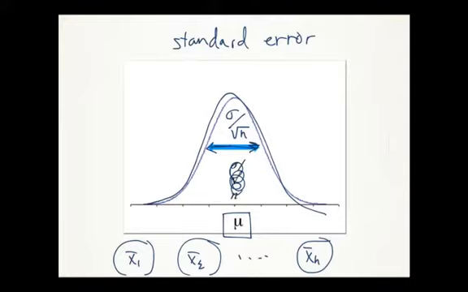We said at the beginning, if the population standard deviation is known and the underlying population is normal, we use the normal distribution. But when do we ever know the population standard deviation? We don't.